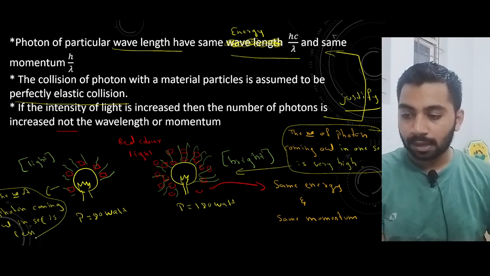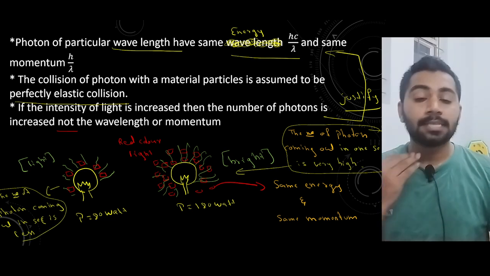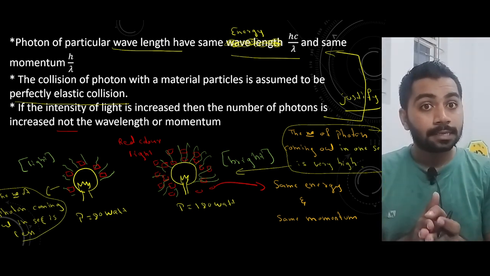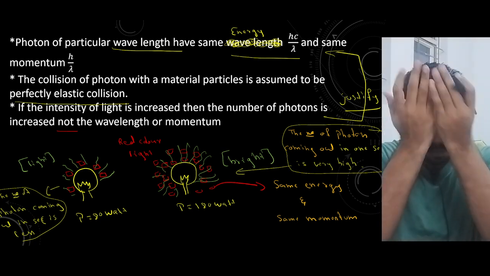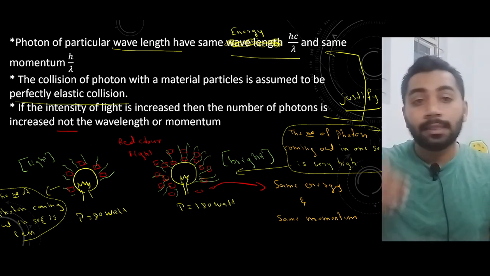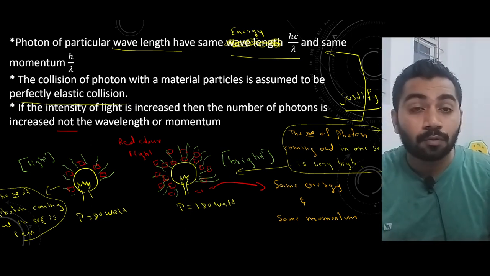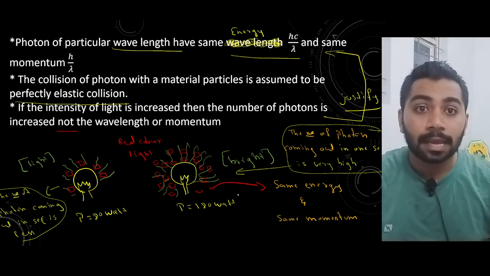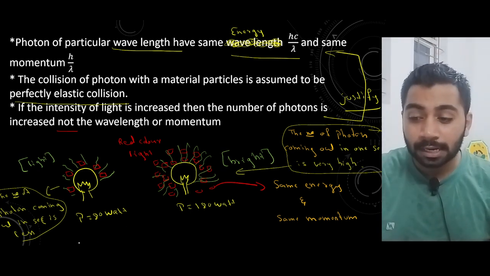This is why this is not bright and this is bright. This is why some appear very bright and some appear not bright. The energy and momentum of each photon is the same, but the number of photons being emitted is high.